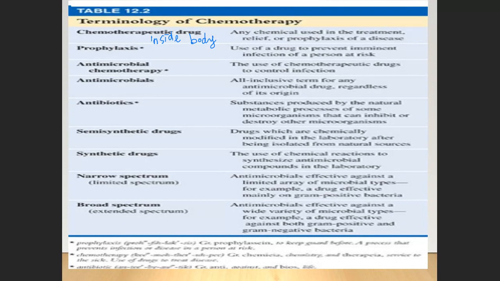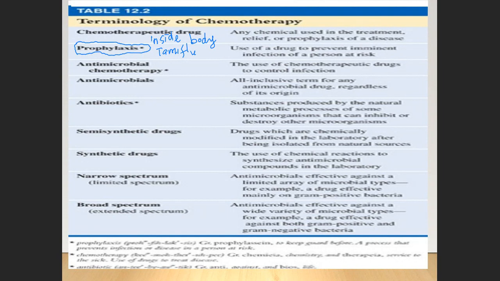Okay, so these are the chemotherapeutic agents or drugs. And prophylaxis is a drug that is actually used as a prevention. So we take this drug, we take this medicine to prevent us against the disease. An easy example is Tamiflu. Tamiflu is actually a drug that has both functions.